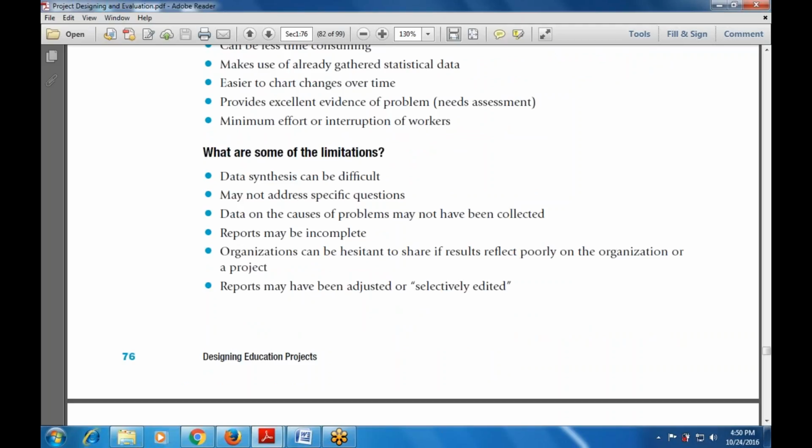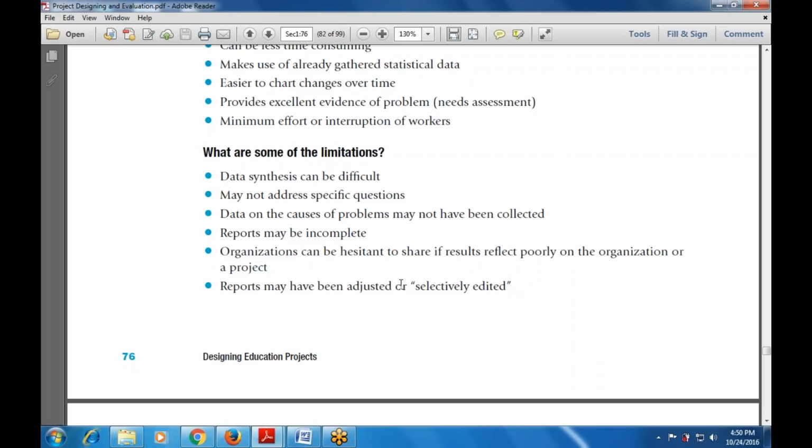Then it may not answer the specific question about the causes of the problem, because that information may not have been collected in the recorded data. The reports may be incomplete in some cases, not always.